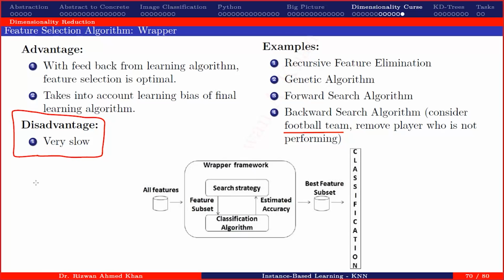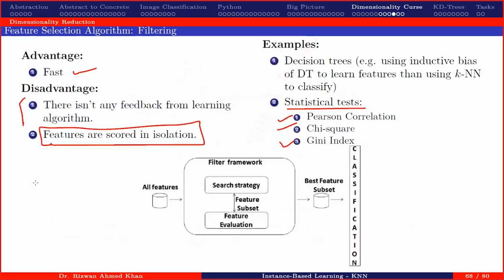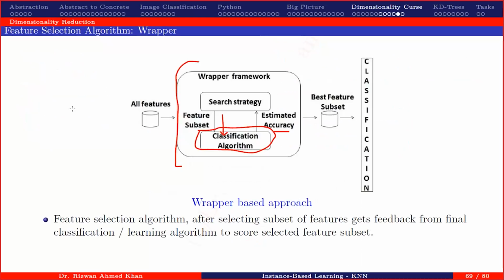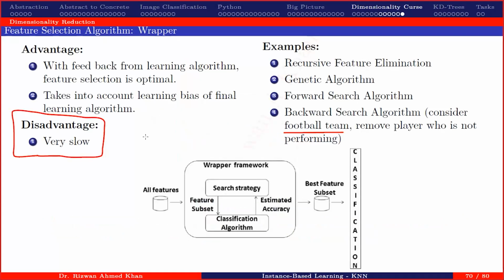On the other hand, in the filter-based approach, there was no classification over here. Okay? It's only feature evaluation based on some statistical test. So that's why the filter-based approach is very fast. We can quickly find which attributes are useful. But if we employ the wrapper-based approach, we are sure we will get better results than the filter-based approach. But the drawback is it's very very slow because it has to pass through classification.